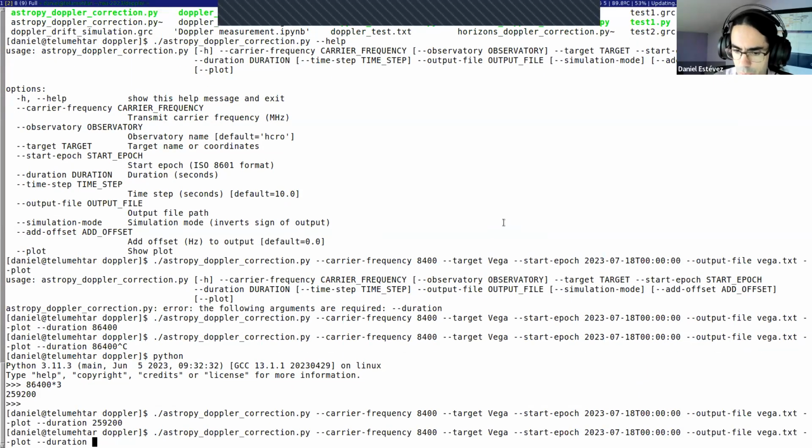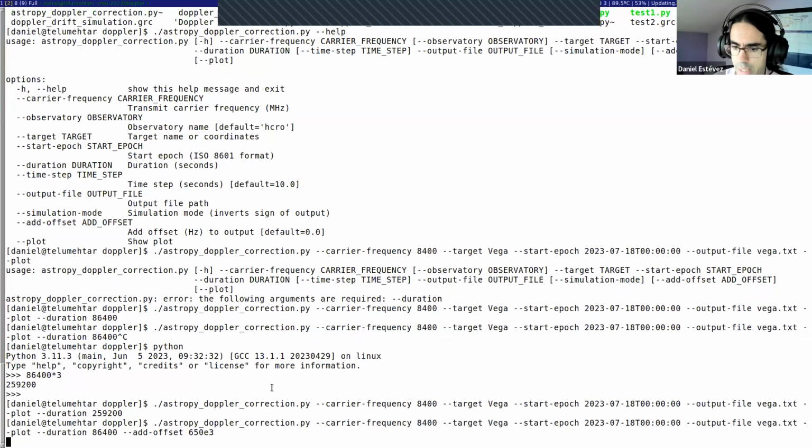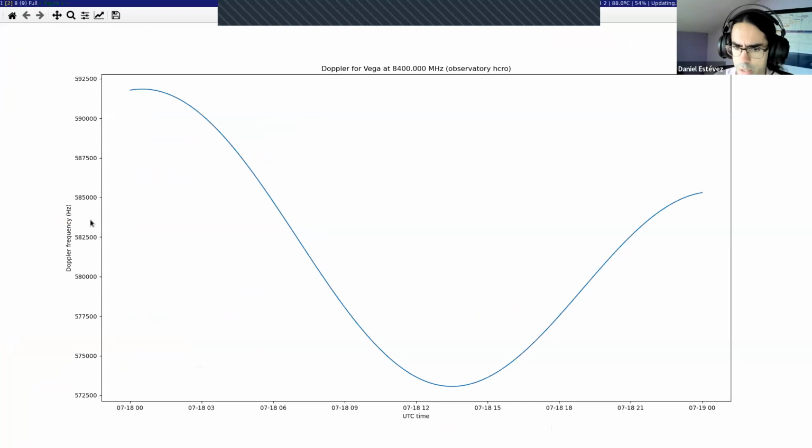So what else can we do with this? We can go back again, and we can decide to add an offset. So if I add an offset of 650,000 hertz or 650 kilohertz, better said, what I get, I think this includes the offset on the plot.